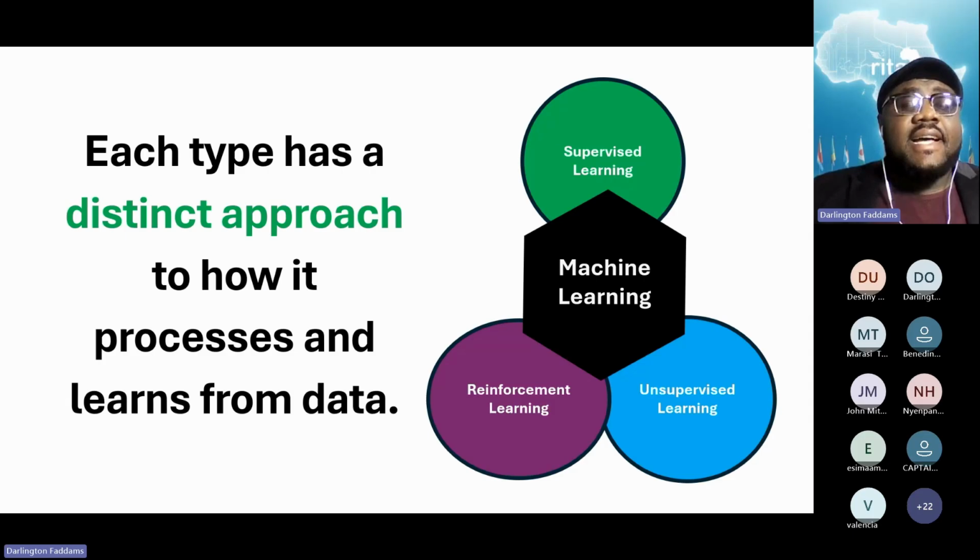Each type of machine learning has a distinct approach to how it processes and learns from data. So when it is learning from data, you can choose to do it in three ways. Sometimes you don't have a choice. You have to do it in a certain way.